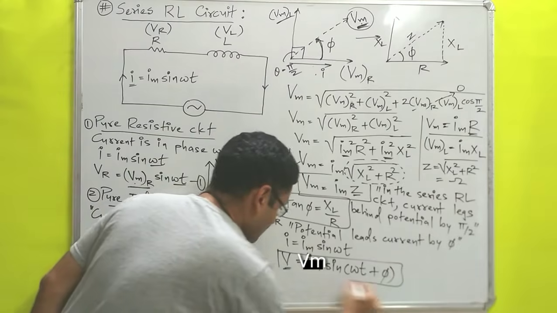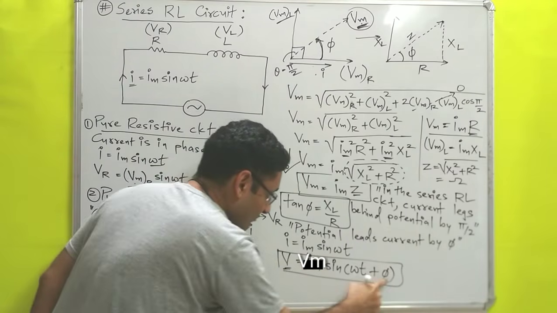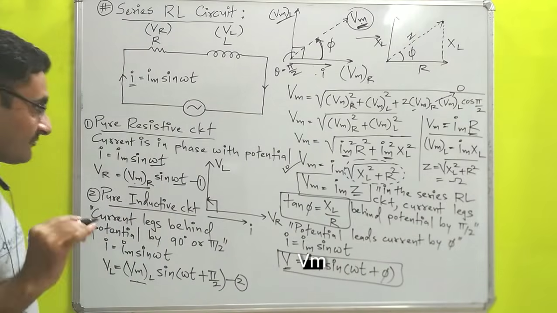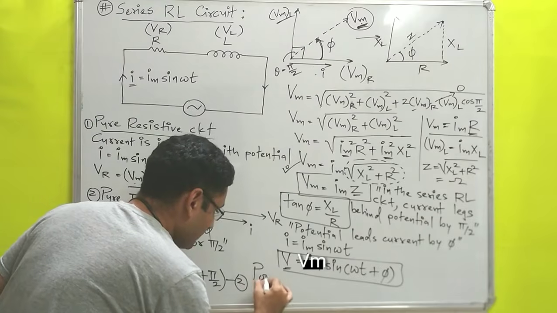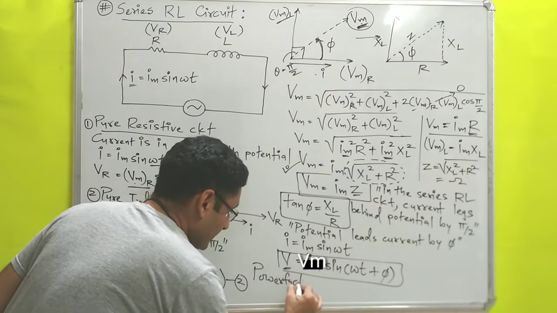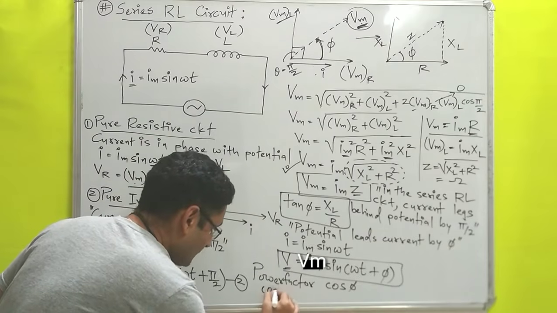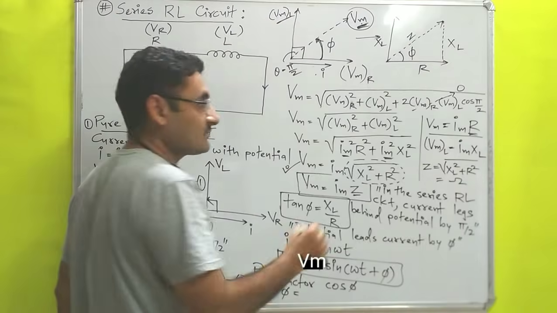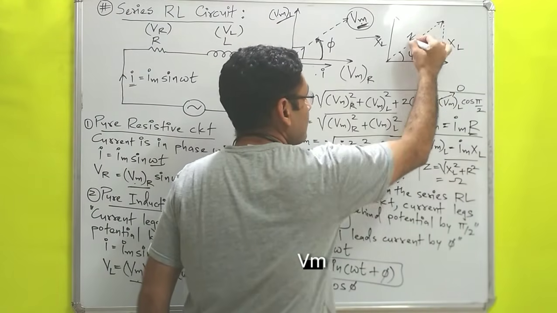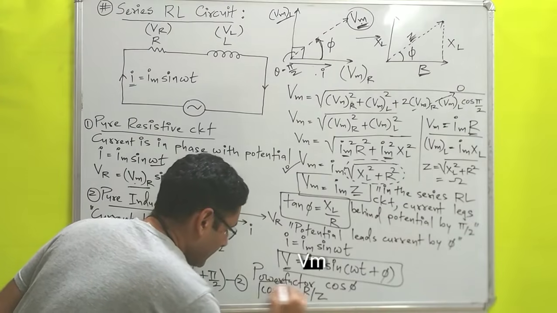From this equation also you can say that potential leads the current by phi. Finally, the power factor of this combination is denoted by cos phi, and the cos phi value we can write from this diagram also. So cos phi is base by hypotenuse, so it will be R by Z.